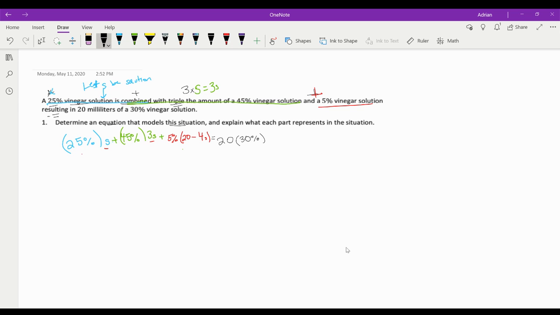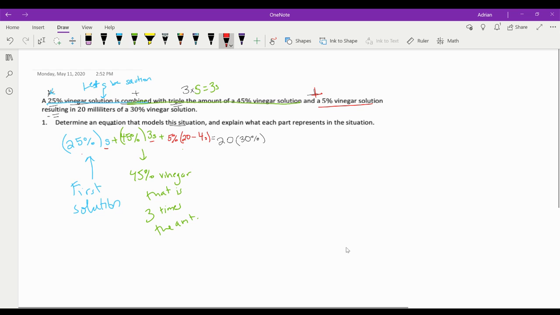So this was just to set up an equation, and what this one means is this is the first solution, and then the second one is the 45% vinegar solution. So the second one, that is 3 times the amount. AMT, I'm going to abbreviate it.